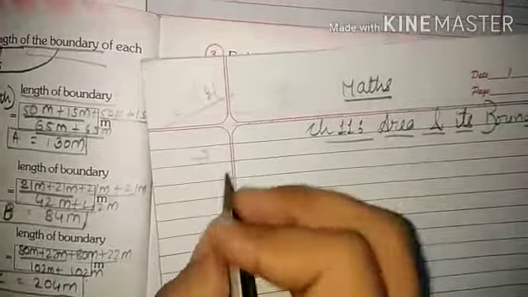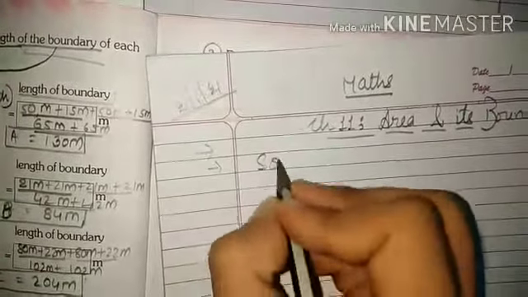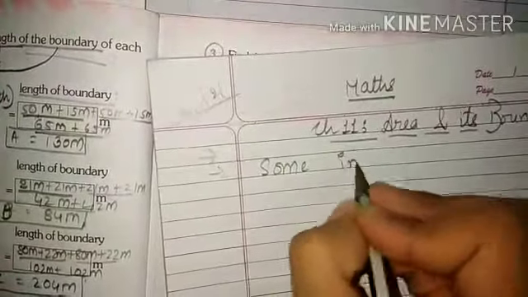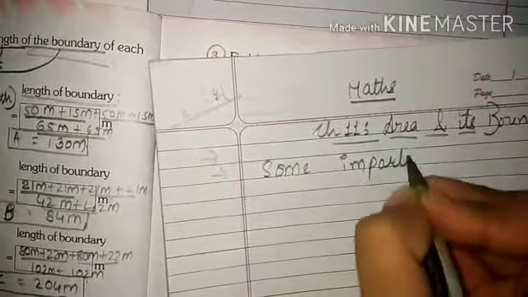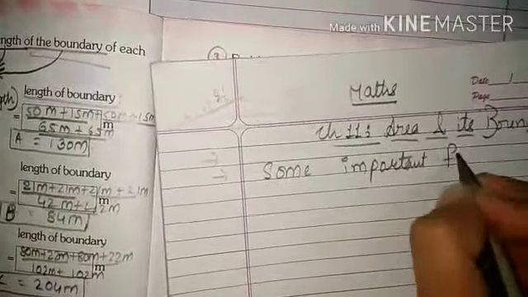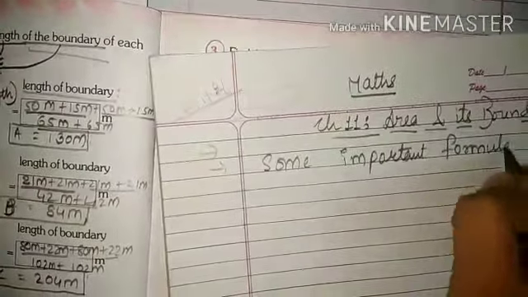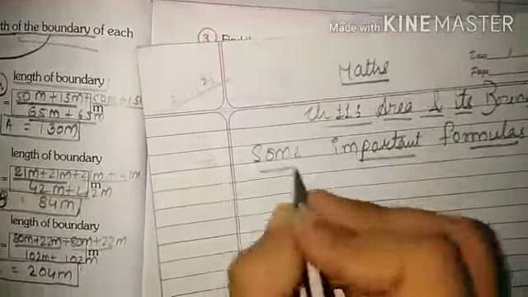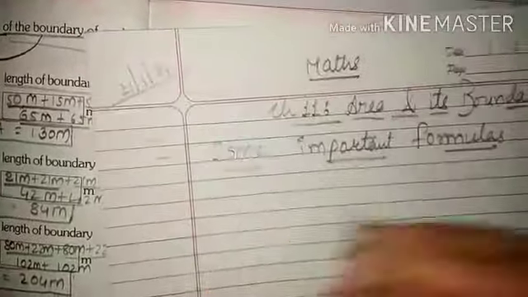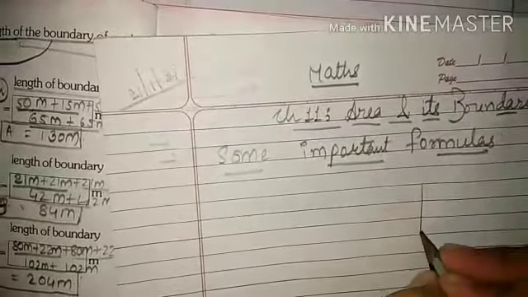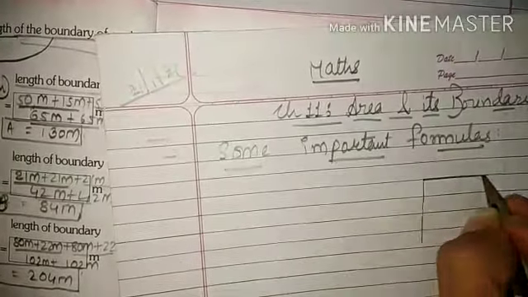On the top of the page mark some important formulas. So students, first I'm drawing a square here. You also have to draw one square here.